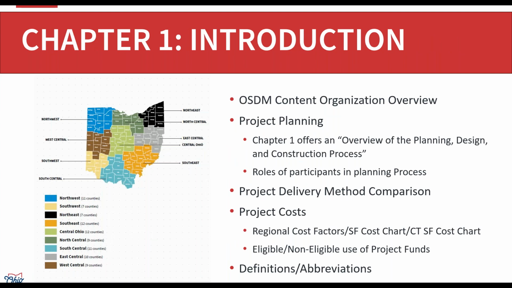Many of you are familiar with the map that talks about the regions within the state of Ohio. That allows for the regional cost factor when we're determining the costs of new construction. So one of the components in Chapter 1 is the discussion of costs, the project delivery method comparison. How does the superintendent and district go about planning their project, and who should be at the table? Of course, we have to have definitions and abbreviations.